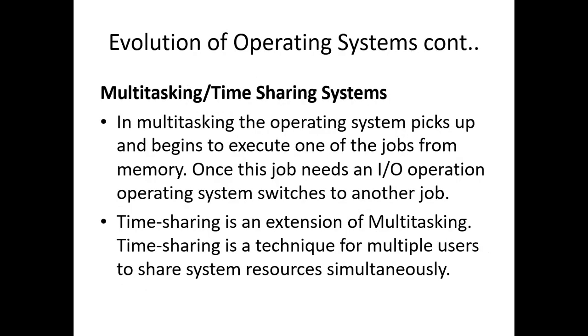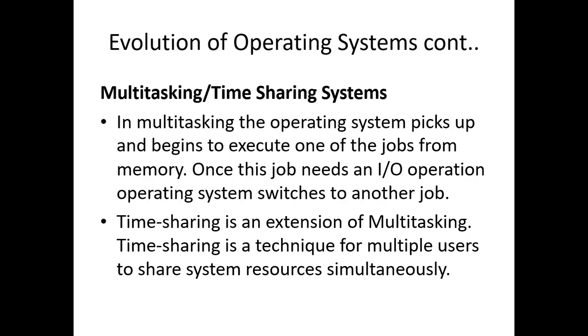Then we have multitasking. If you remember the diagram, multitasking was the first one. In multitasking, the operating system picks up and begins to execute one of the jobs from memory. Once this job needs an input, the operating system switches to another job.